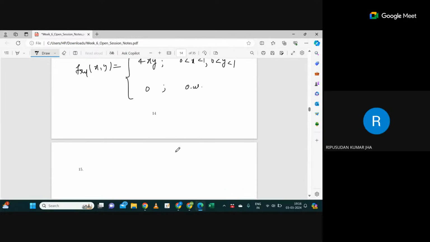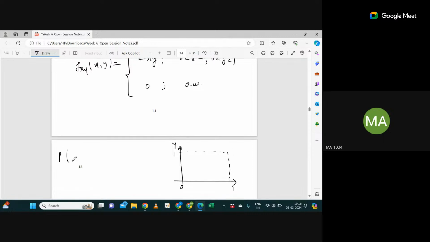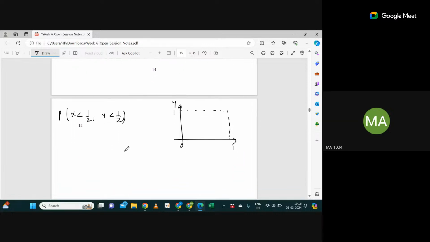Suppose the total support is 0 to 1 for x and y. I'm just changing the scenario. Suppose I'm interested in finding the probability that x is less than half and y is less than half. How will you proceed?